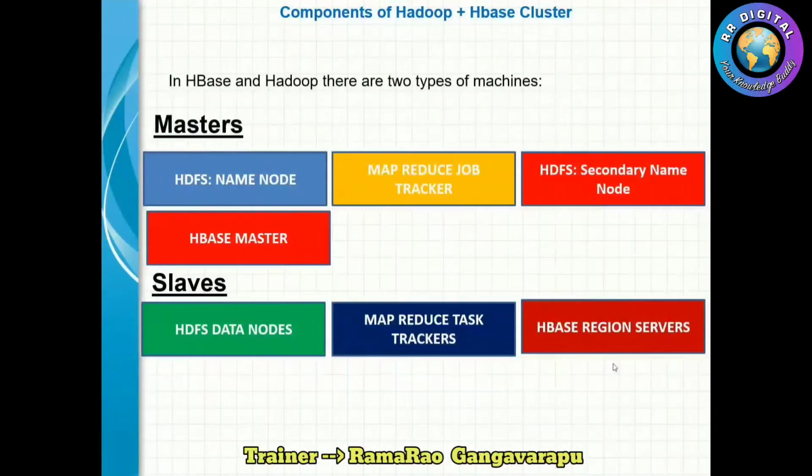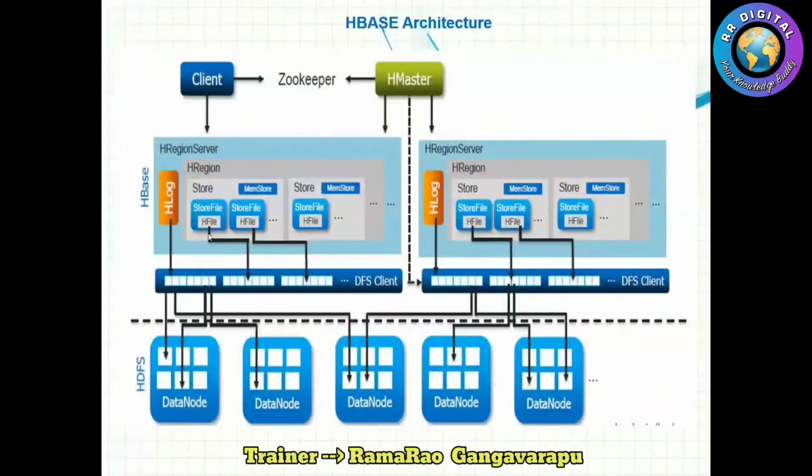So the HBase region servers come under slaves and the HBase master comes under master nodes. If the HBase component is available in your cluster, two extra nodes will be available along with your HDFS nodes. So this is the HBase architecture.